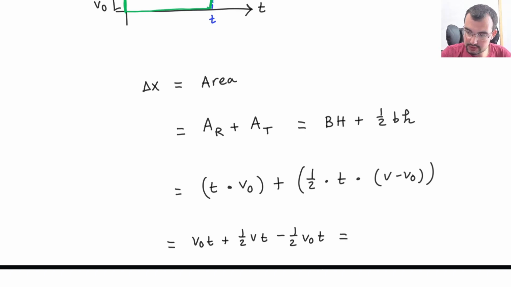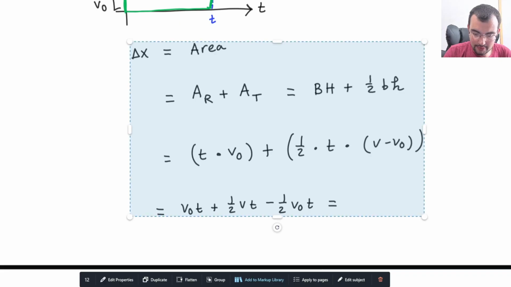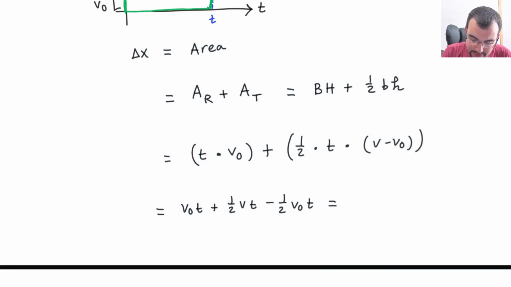And that will give us the result we're after once we simplify and do a bit of factoring, because we end up with 1/2 vt. v0t is 2/2 v0t, so 2/2 minus 1/2 is plus 1/2.